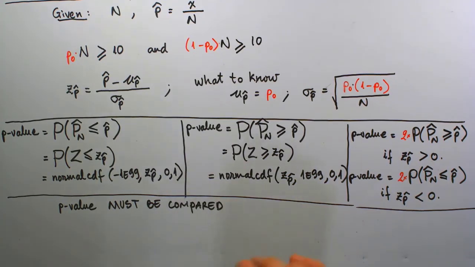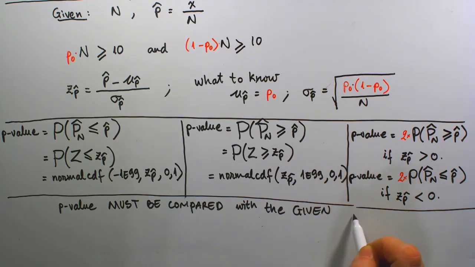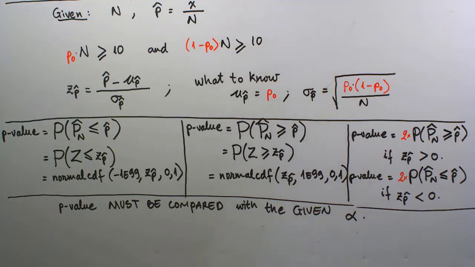The p-value must be compared with the given significance level. And for the significance level, symbolically, we use the symbol alpha, the lowercase Greek letter alpha.